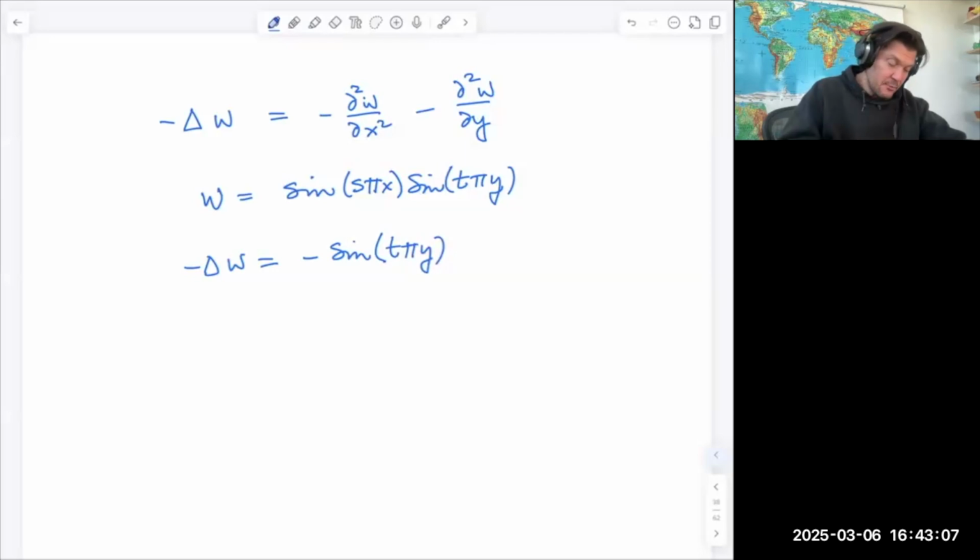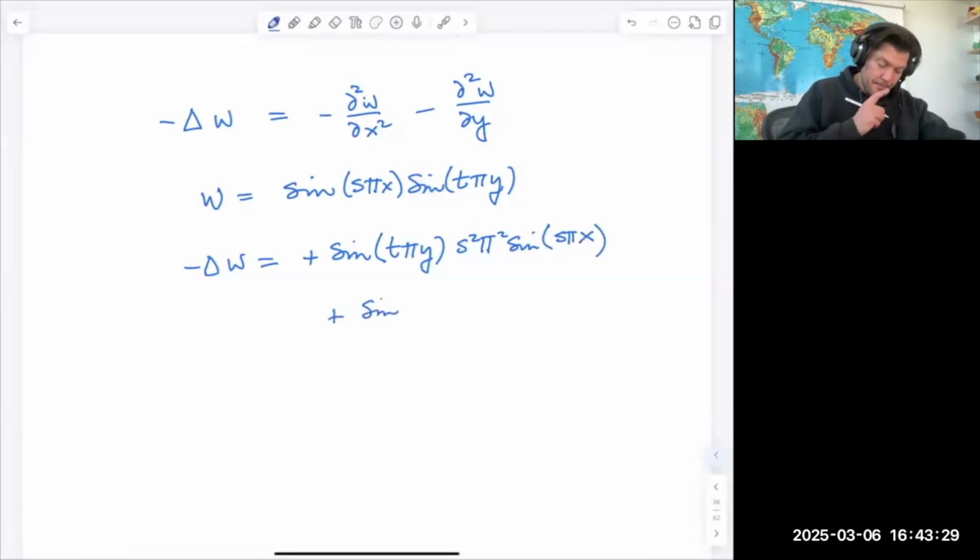And what is the second derivative of w in that case? The sign changes, right? And then we get s squared pi squared sine s pi x. Probably shouldn't have changed the order.